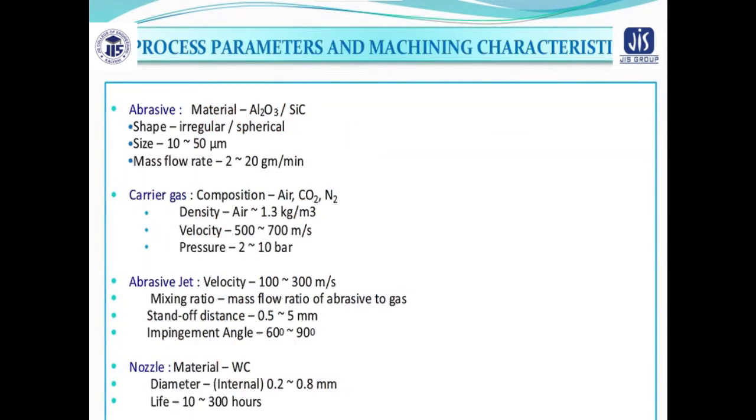Now, we are talking about all the process parameters. For successful utilization of the AJM process, it is very necessary to analyze the following process criteria. What are the process criteria? First is material removal rate, MRR. Next, geometry and surface finish of the work.